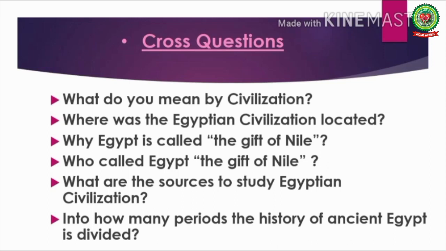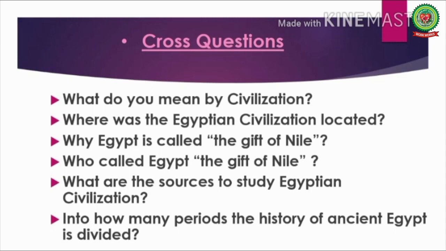Number 1, what do you mean by civilization? Number 2, where was the Egyptian civilization located? Number 3, why is Egypt called the gift of Nile? Number 4, who called Egypt the gift of Nile? Number 5, what are the sources to study Egyptian civilization?